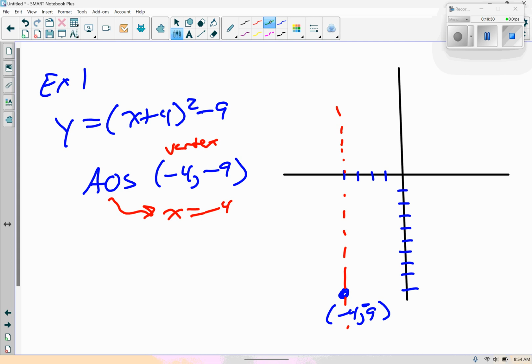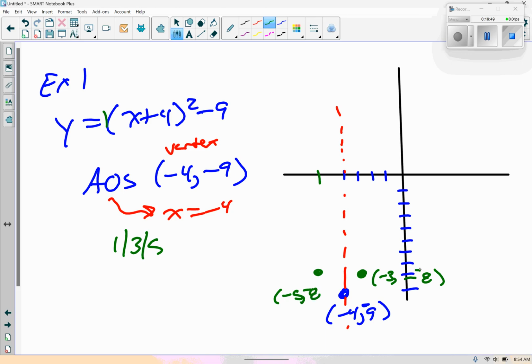Okay. Let's pattern graph. So we have a lead value of 1, so our pattern graph will be 1, 3, 5. So if I go right 1, up 1, that puts me at (-3, -8). If I go left 1, up 1, that takes me to (-5, -8).